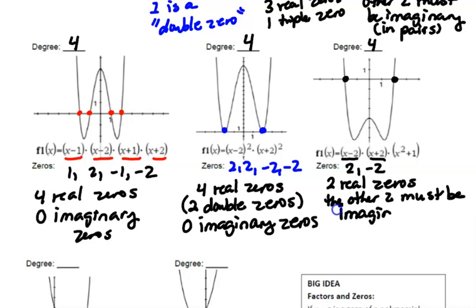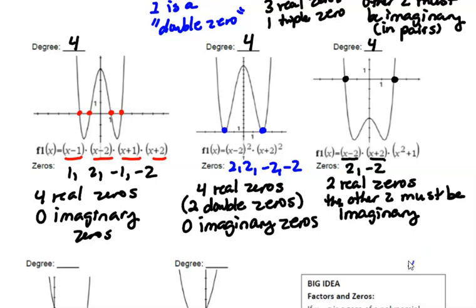Now some students ask, how do you see the imaginary zeros on the graph? Is it where the curves are? No, you cannot see the imaginary zeros on the graph. You just have to know that if you don't have enough real zeros, the other ones have to be imaginary. Now if we look at this third factor, we can see where the other imaginary zeros come from.